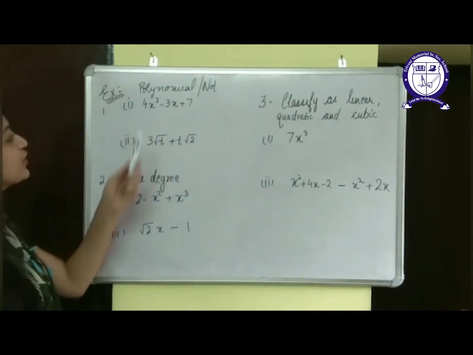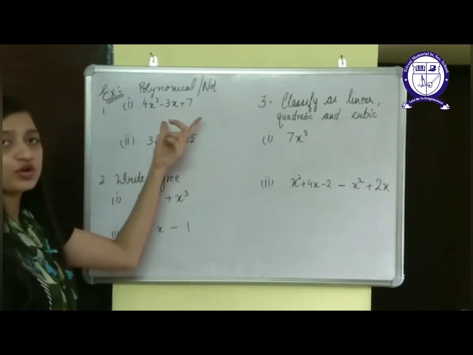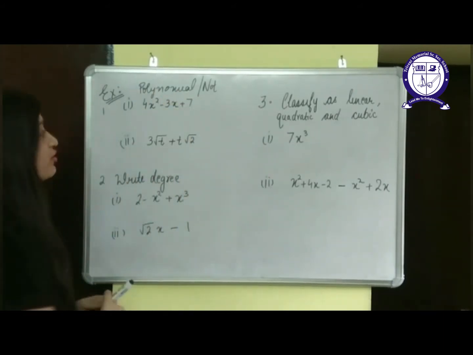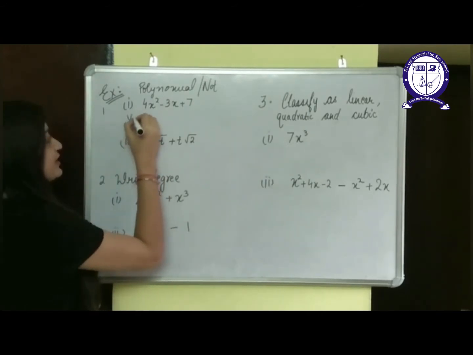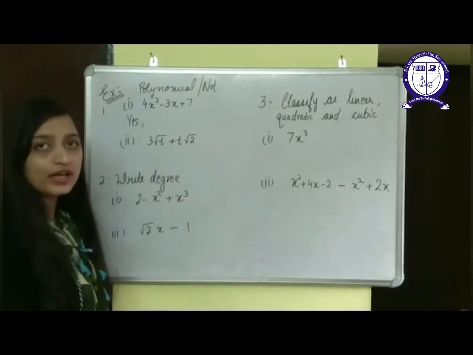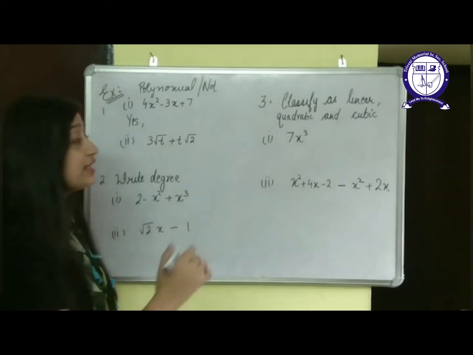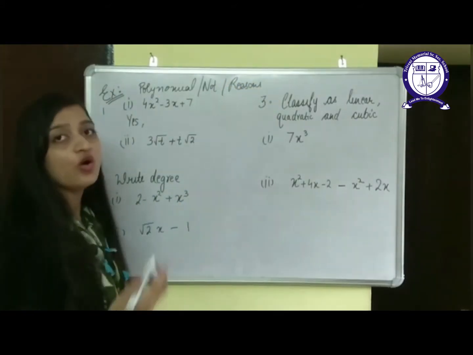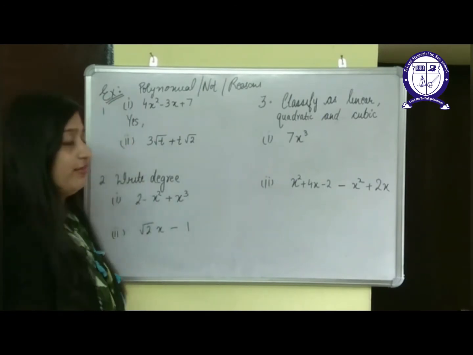In the first question I can see that the powers are positive for the variable. Here the power is 2 and here 1, so both positive powers. So we will write yes, it is a polynomial, and why? It asks for the reasons also. Because all the powers are positive.